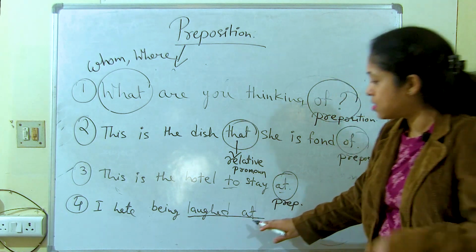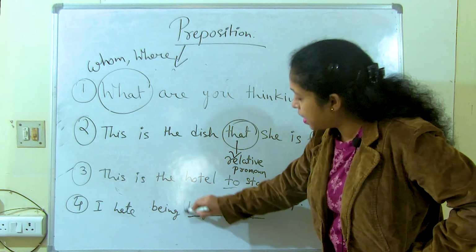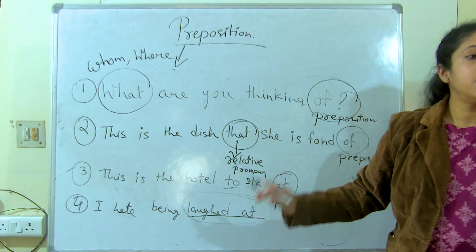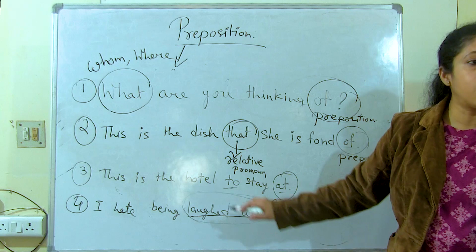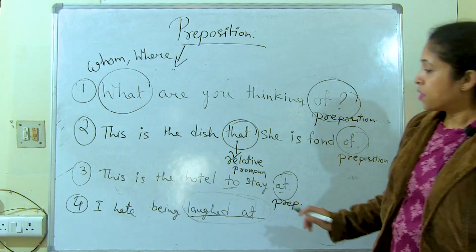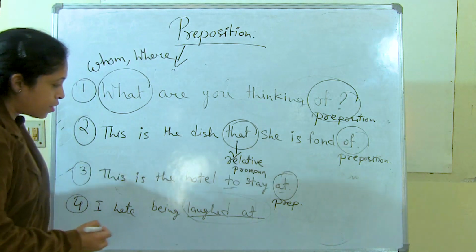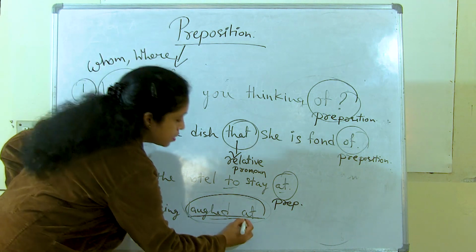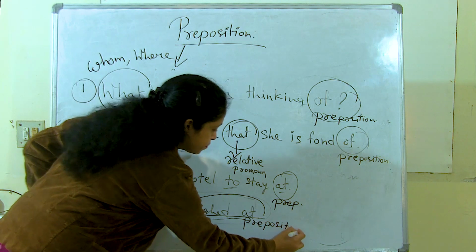Laughed is always followed by at, and it brings a different expression when used together. A verb along with a preposition is called an appropriate preposition. So whenever you get such appropriate prepositions, you will see that this will be the preposition.